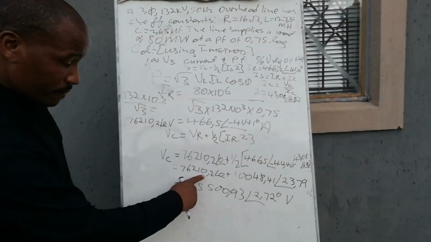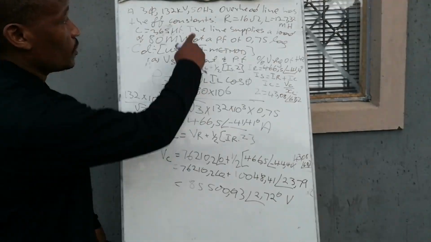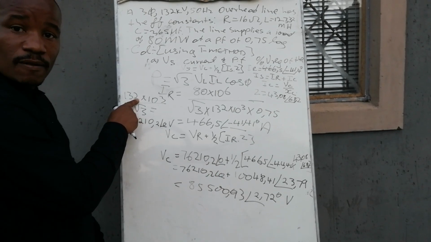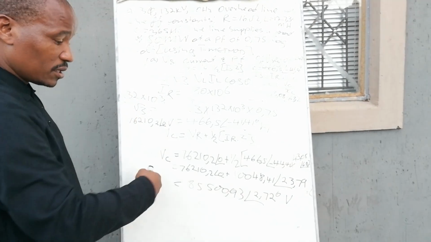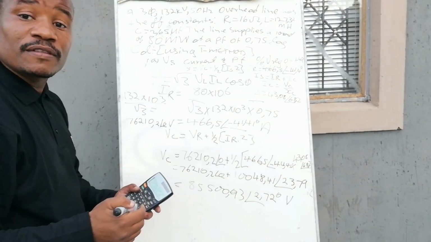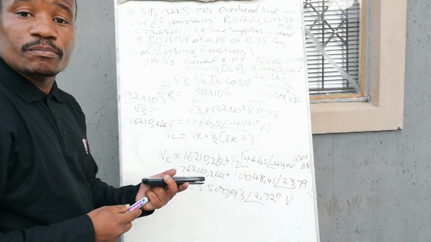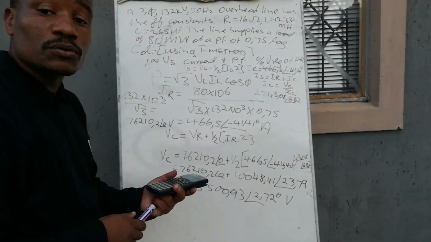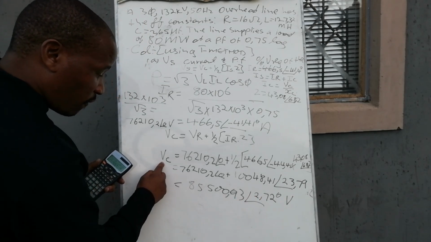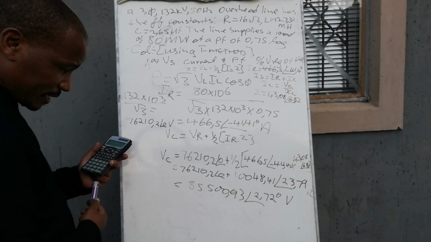Guys, remember, if you don't put that 0 there in the phase receiving end voltage, your whole calculations are wrong. Those are some of the pitfalls. Earlier on I said I don't like this because people make a lot of mistakes. I'm one of those. This is the phase value of the capacitive voltage.